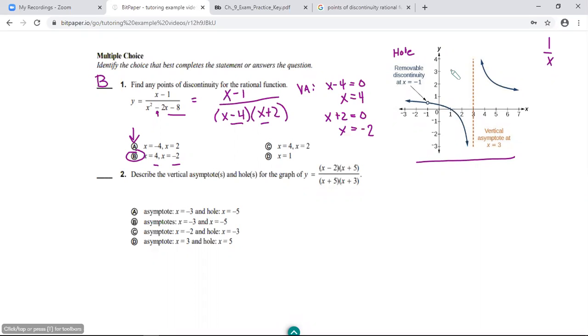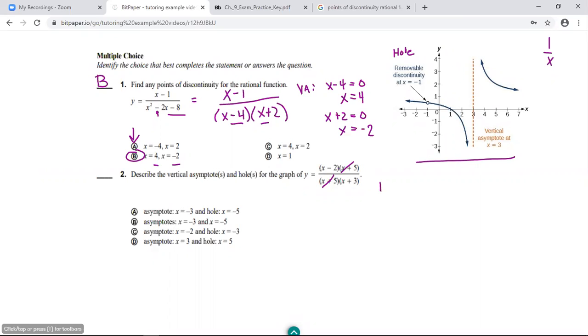Let's look at the second question. Same thing. This one's a little bit easier because it's already factored. Once it's factored, the second thing we do is we check to see, is there anything that's the same at the top and the bottom, in the numerator and the denominator? Here we see that x plus 5 is in the numerator and the denominator.